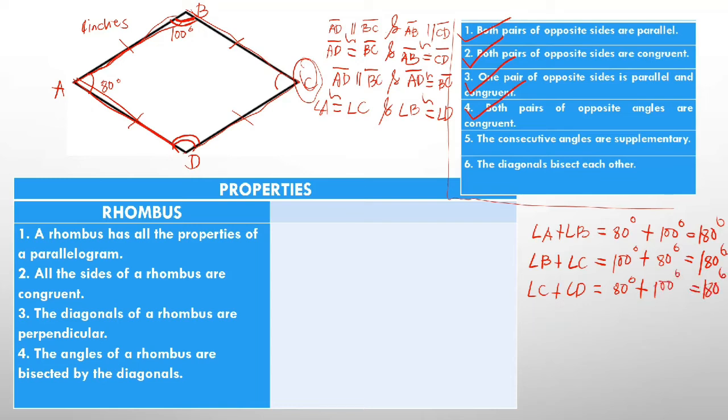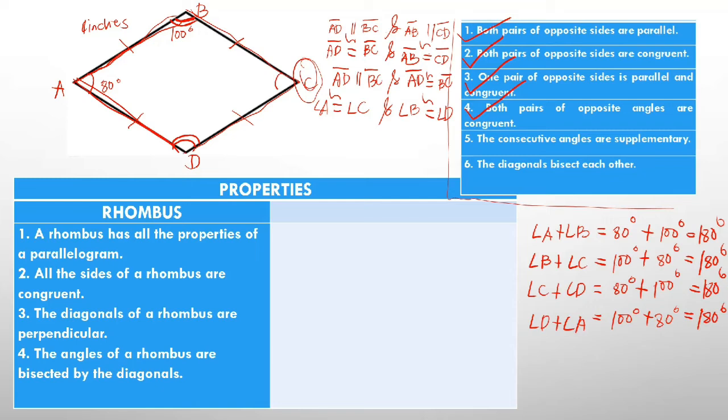Another one is angle D plus angle A. Angle D is 100 degrees since it is congruent to angle B, plus angle A, which is 80 degrees, then it is equal to 180 degrees. So therefore, all the consecutive angles of our rhombus are supplementary angles.